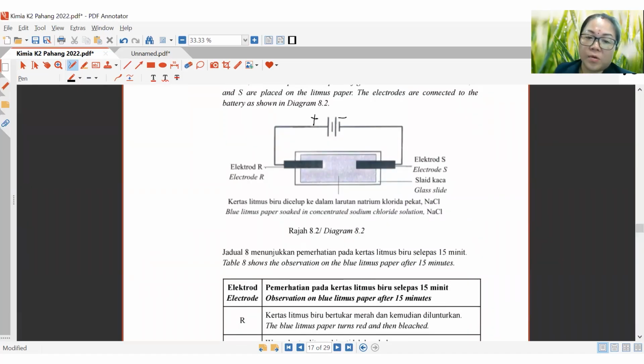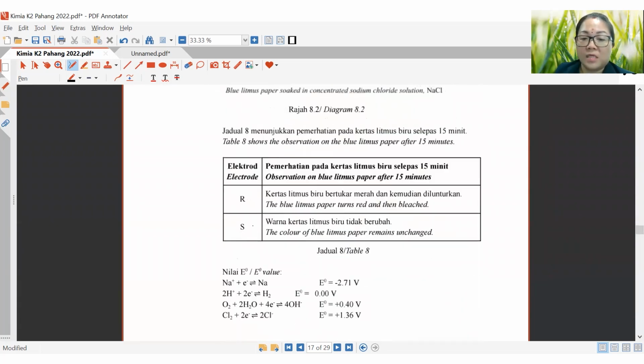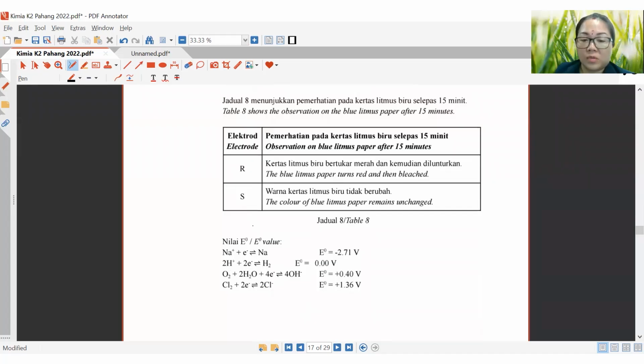That means positive in electrode R will attract chloride and also hydroxide ion, whereas for S it will attract H plus and also Na plus. But because of the E0 value, H plus is more likely to be discharged instead of sodium ion. And then for the E0 value, chloride is the one that will be discharged compared to hydroxide.